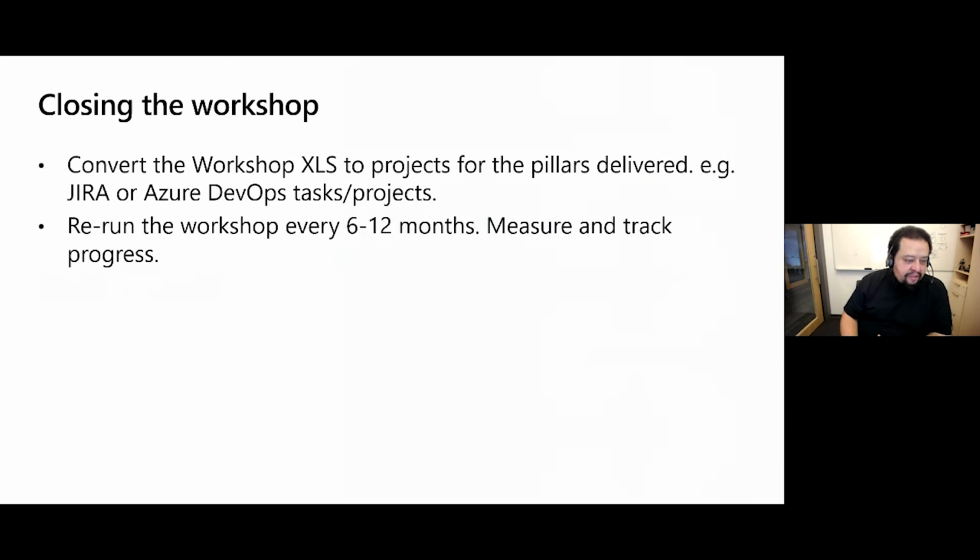We kind of wanted to talk about how you wrap up the workshop in general. So for each of these pillars, when you're done conducting the workshop with your team, we did also want to call out that you can do this workshop with a partner. So if you have a partner, when you go to the website, you'll find that there's a link to a partner kit.